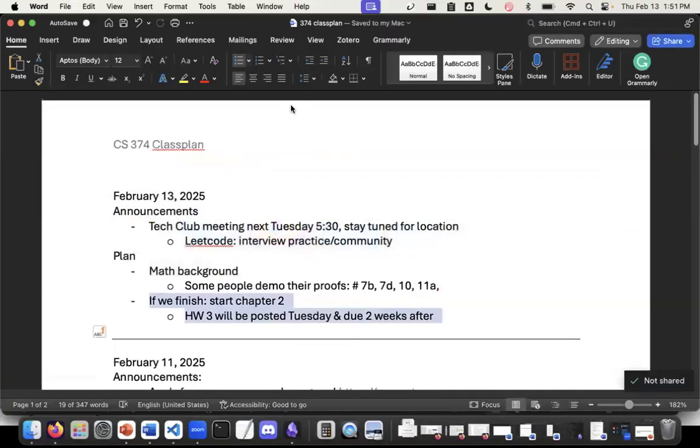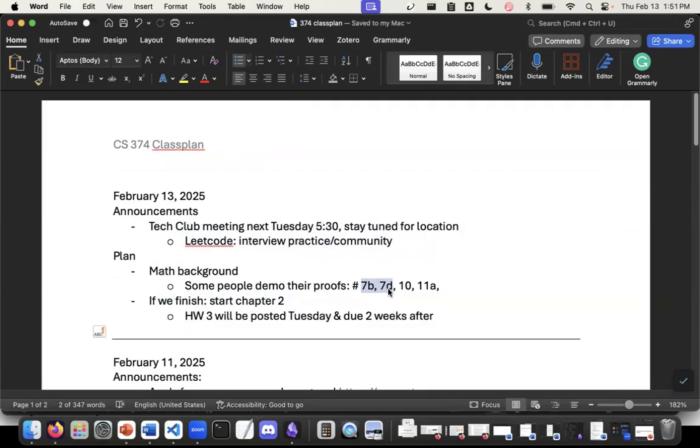So I want us to do 7B, the second one in 7, and then the fourth one in 7. I brought markers, so if you want to talk about it with your neighbors and then put it up on the board, you can choose either one or the other. Question?